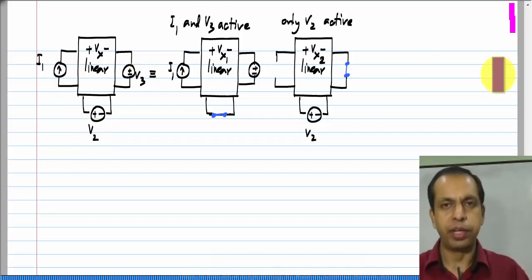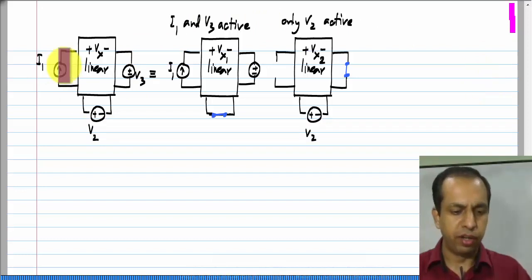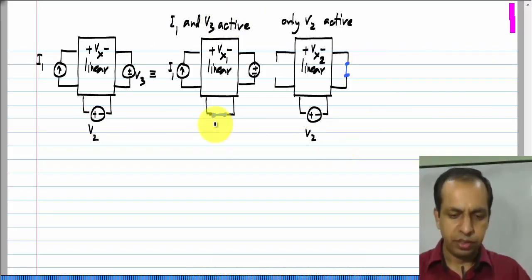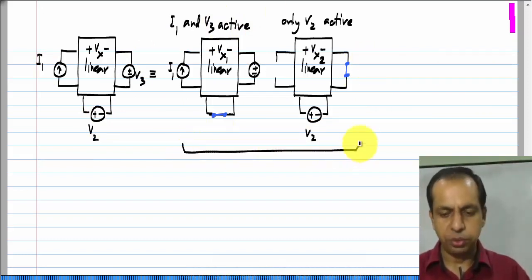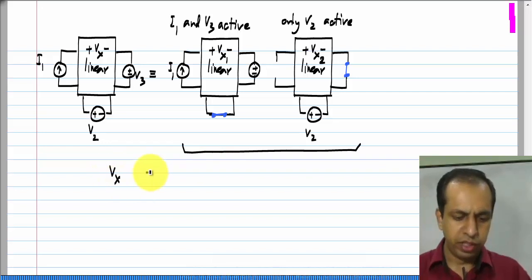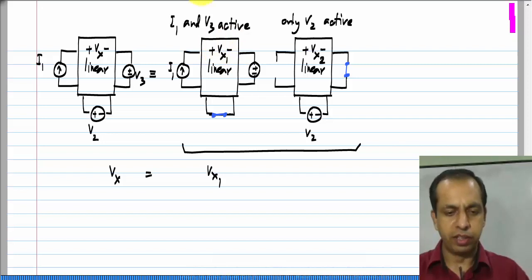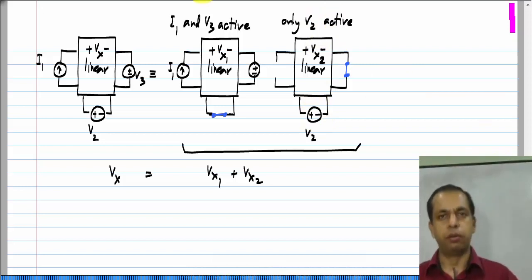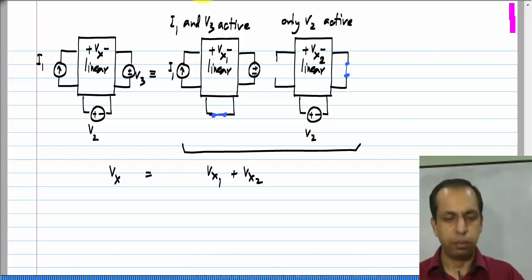I should not be double counting any of them either. So, here I 1 and V 3 are considered in this case and V 2 is considered in that case. So, this is fine. I could superpose just these 2 cases and V x will be equal to V x 1 obtained when I 1 and V 3 are active plus V x 2 which is obtained when V 2 is active. So, that is all I wanted to extend the previous case to.